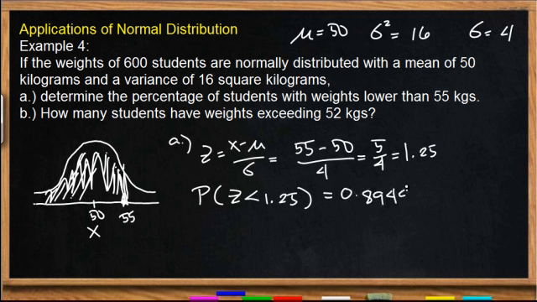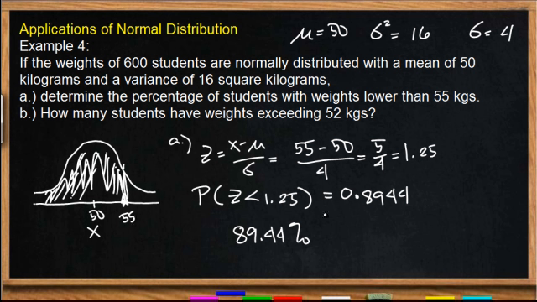So the probability that a student's weight is less than 55 is 0.8944. Therefore, what percent of students are less than that? This is just in decimal form. So the answer is 89.44% of students have a weight less than 55.